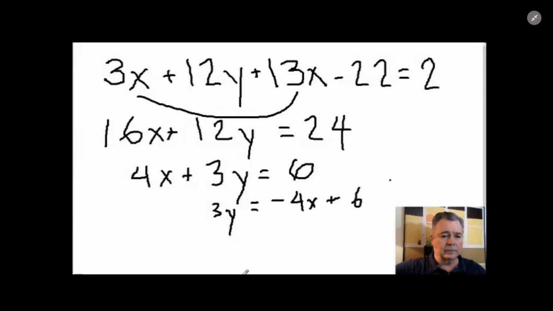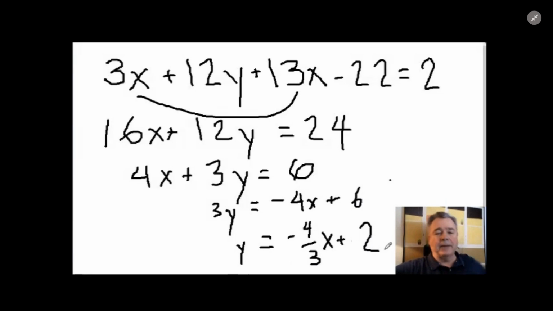And then we'll divide both sides of the equation by 3. And we see that this y equals mx plus b format tells us here that the slope is minus 4/3.